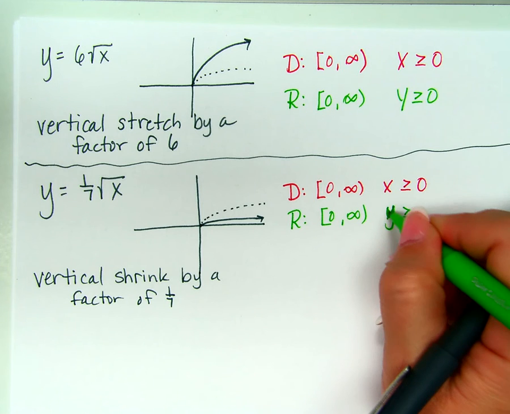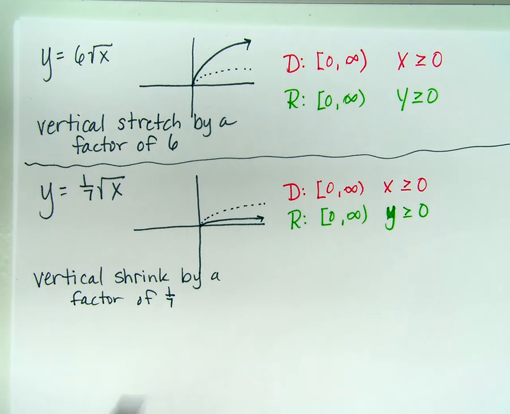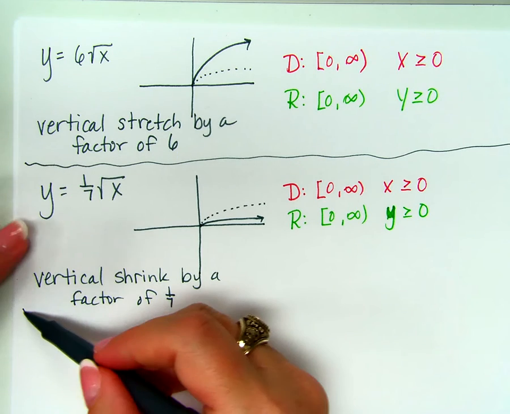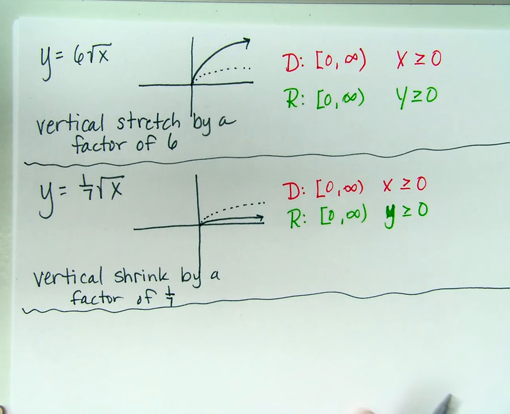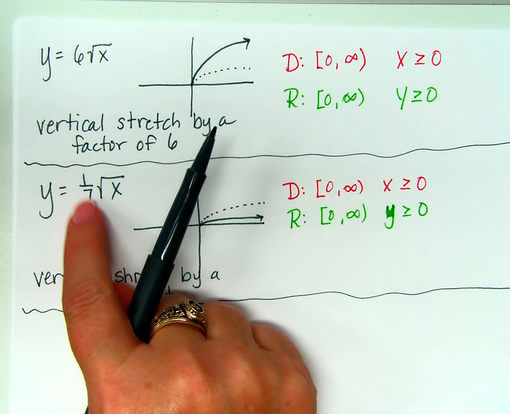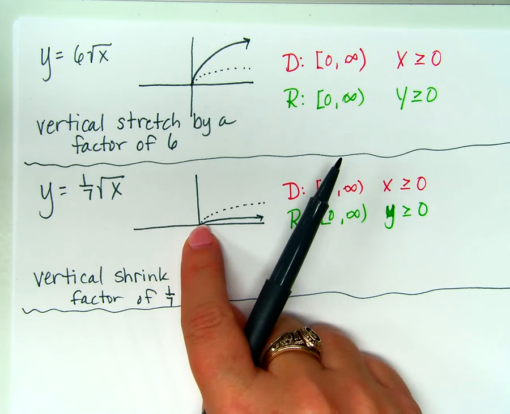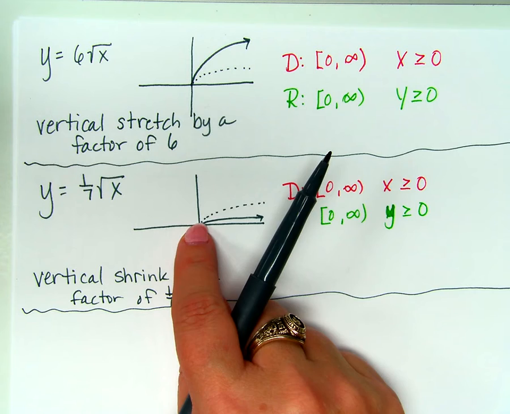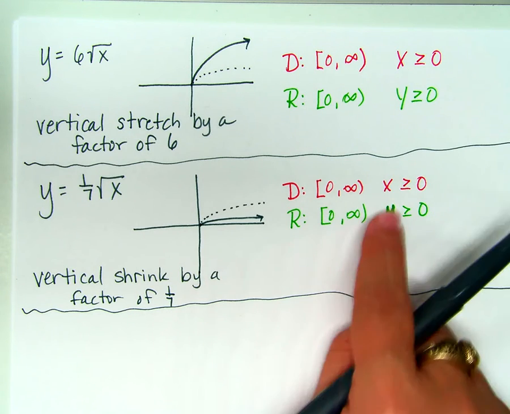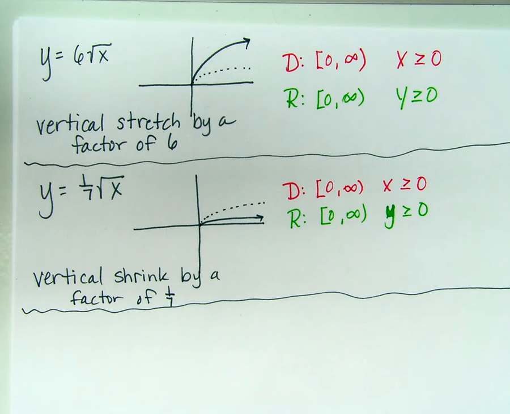Dang it. Why? Something I want you to notice: if all you're doing to it is multiplying, like changing the shape, it's still starting at the same place. There's not an ending if it's going to infinity, but the domain and range is not going to change, is it?